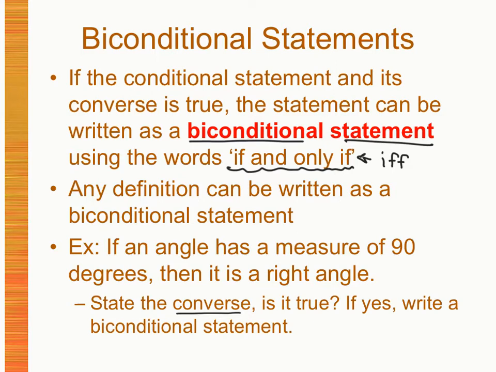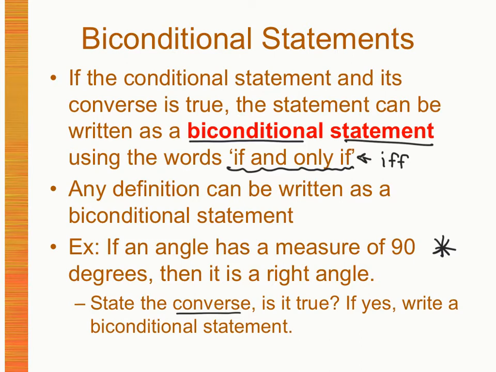Your biconditional can be written from either the original conditional statement or the converse. First we have to double check that our original conditional statement is true. If an angle has a measure of 90 degrees, then it is a right angle. That is a definition of a right angle, so that is true.